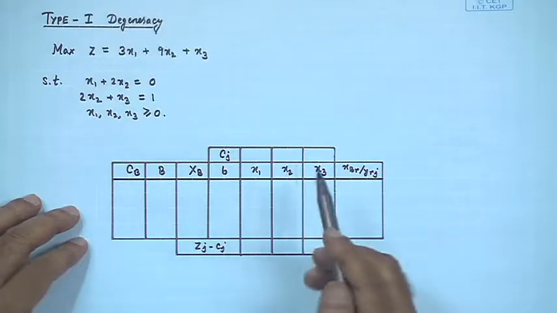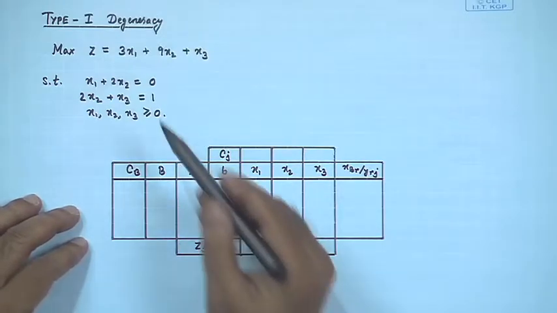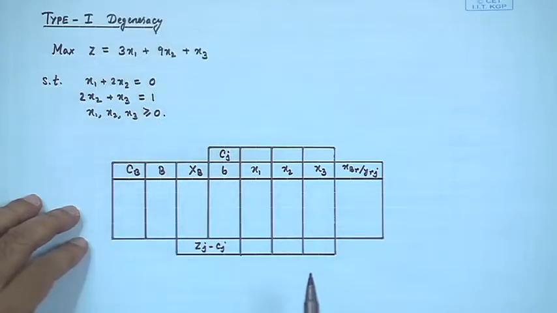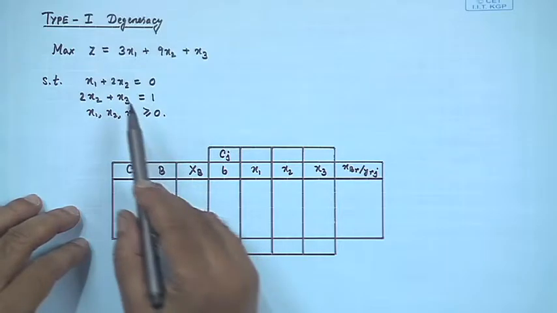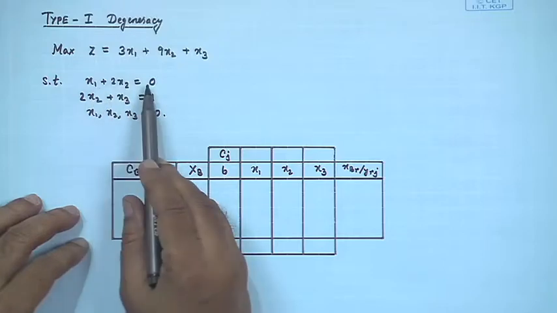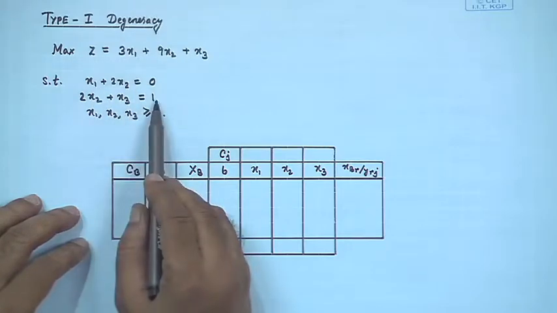Now, here if you see, all these constraints are equality constraints, so I do not require any slack or surplus variables. Earlier we said that for an equality, to form a basis, if required you can add an artificial variable. But from here, if I make x2 as 0, x1 will be 0 and x3 will be 1.